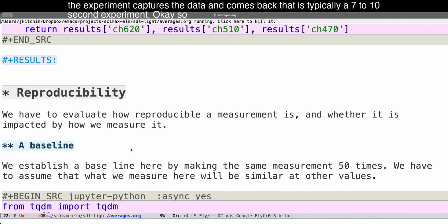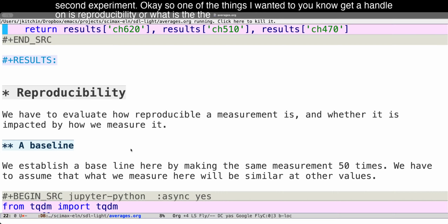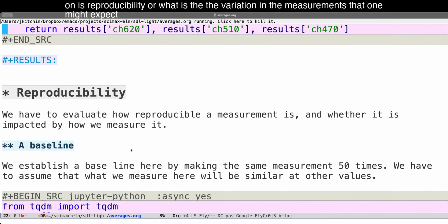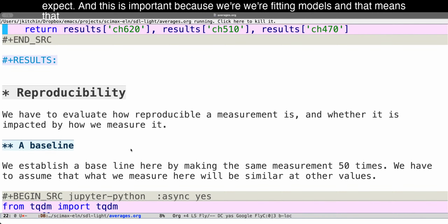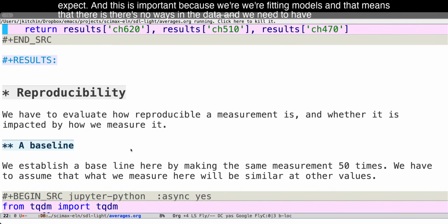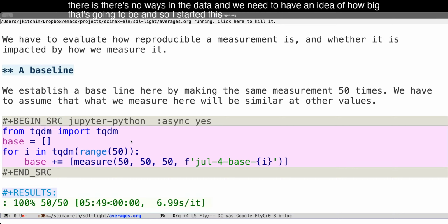Okay, one of the things I wanted to get a handle on is reproducibility, or what is the variation in the measurements that one might expect. This is important because we're fitting models, and that means there's noise in the data, and we need to have an idea of how big that's going to be. So I started by asking how reproducible is this?